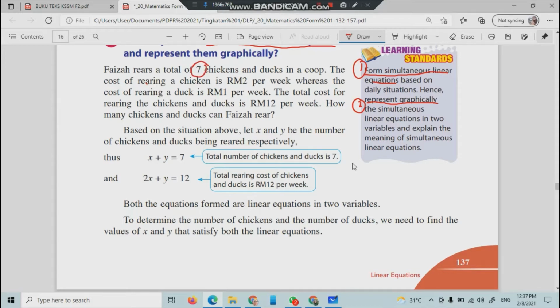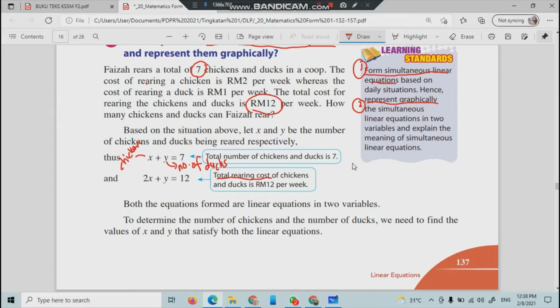So we have x plus y equals 7, where x is the number of chickens and y is the number of ducks. The second linear equation is 2x plus y equals 12. This is for your total rearing cost, which is RM12.